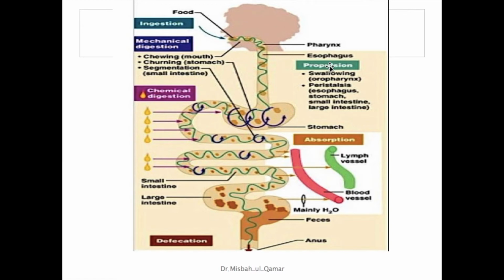And peristalsis is the propulsion by alternate contraction and relaxation. Now here, digestion could be mechanical or chemical. Mechanical digestion is achieved by chewing and churning in the stomach or mixing by the segmentations, while chemical digestion is a process in which complex food molecules of carbs, proteins, and lipids are broken down into chemical building blocks: simple sugars, amino acids, fatty acids, and glycerol, right?